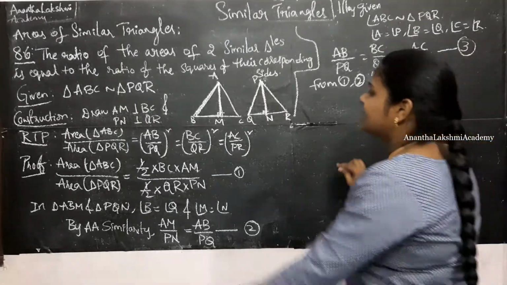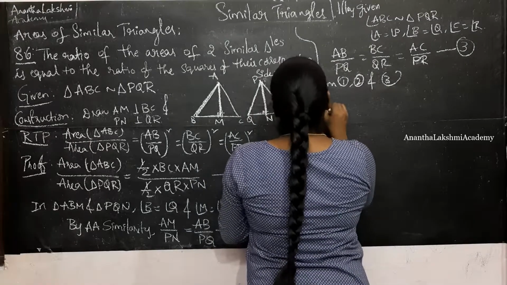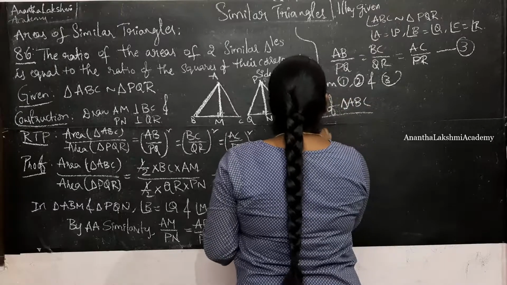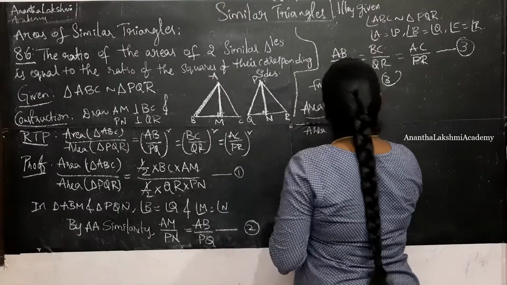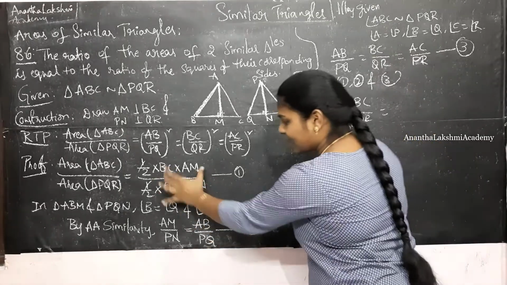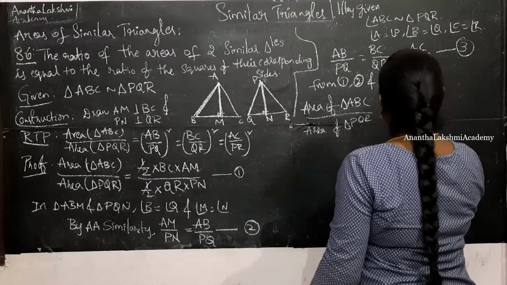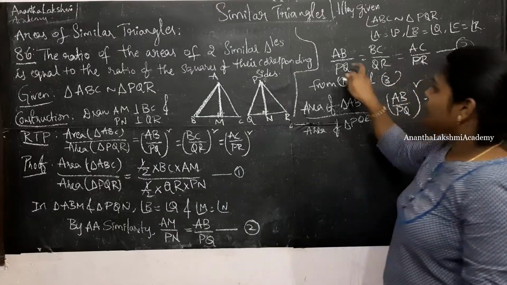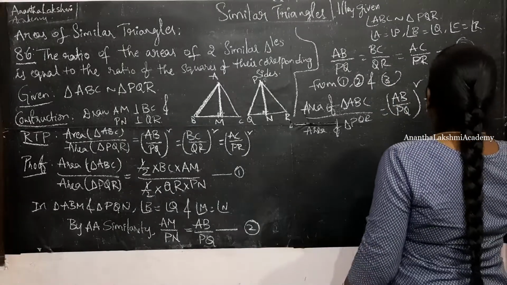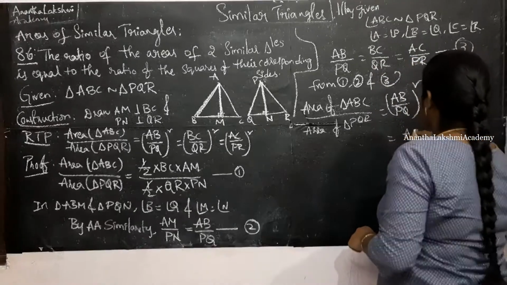So what happens? From 1, 2 and 3, I'll get it as area of triangle ABC by area of triangle PQR is nothing but, this becomes the whole square, AB by PQ whole square, which is in turn, AB by PQ is nothing but BC by QR, also equal to BC by QR whole square, and BC by QR is also equal to AC by PR whole square.